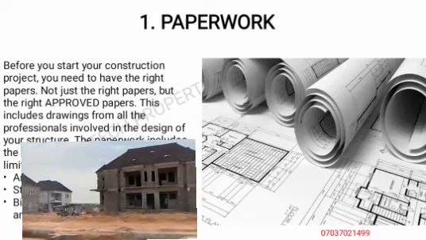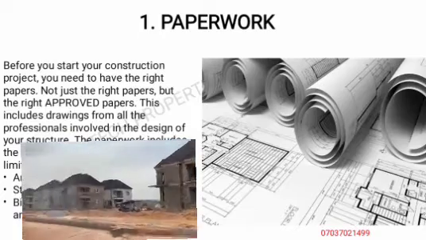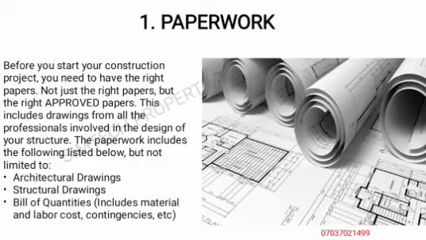You tell the architect to draw the plan for you, which simply means if you are building a 2-bedroom flat, or a 3-bedroom flat, or a 4-bedroom bungalow, or duplex, it must be on paper first. On this paper, the architect will tell you this is how it's going to be, this is where the toilet will be, this is where the bathroom will be, this is where the room will be, the parlor, to be on ground. After this has been drawn, you should be able to know your goal, to be able to know how to achieve your goal.